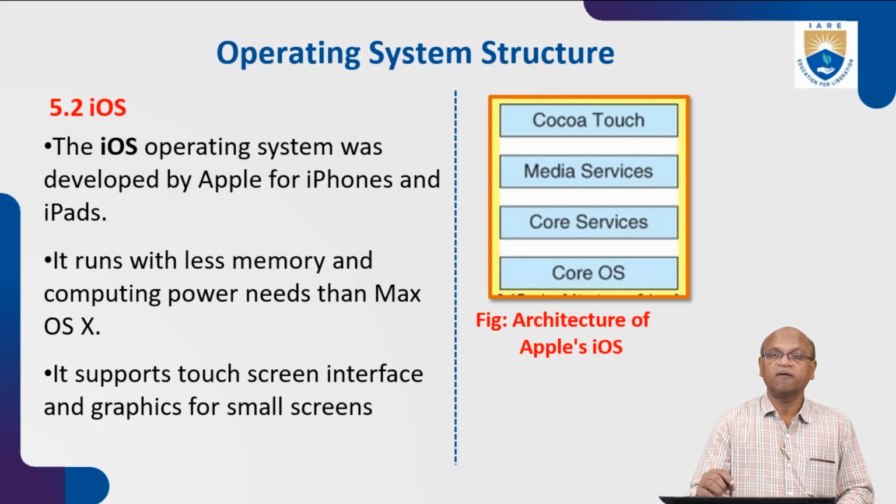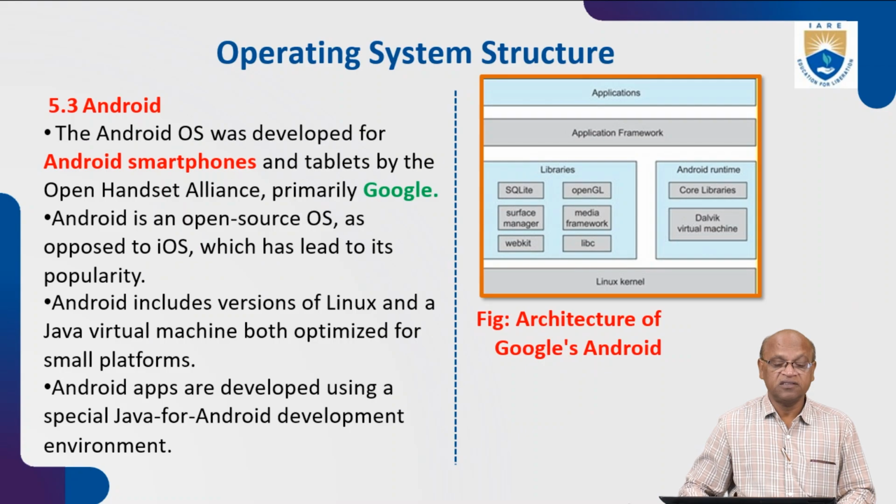When we come to mobile application development, at that time we'll see what is iOS. Another operating system for mobiles is Android phones, and for Android phones we require a separate OS. The Android OS was developed for Android smartphones and tablets by the Open Handset Alliance, primarily Google. Android is an open source OS as opposed to iOS, which has led to its popularity.